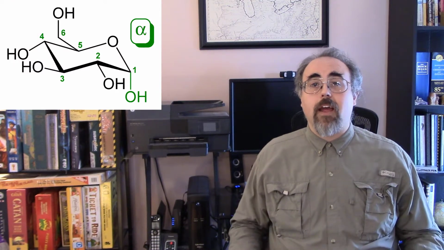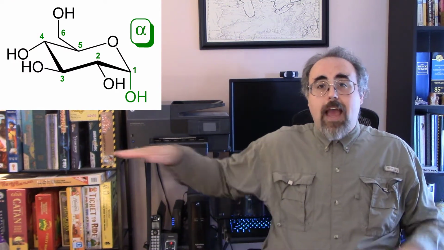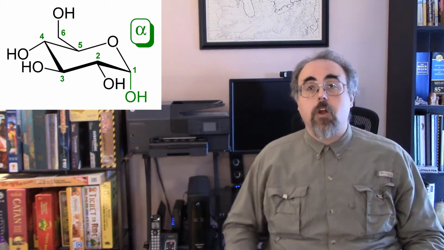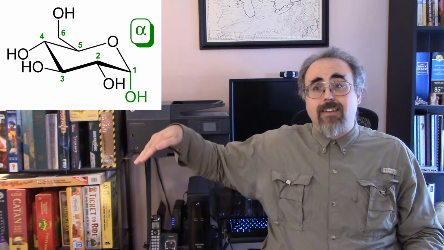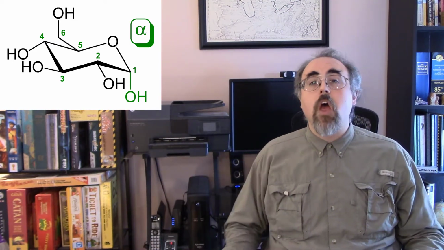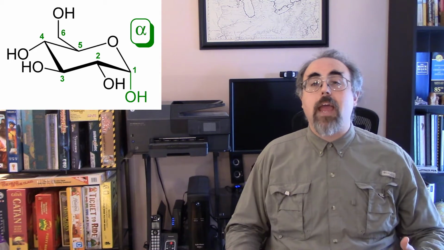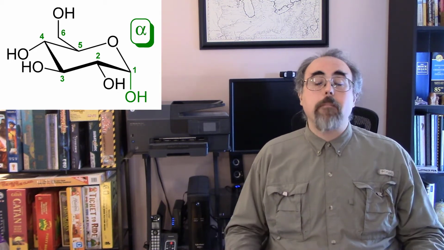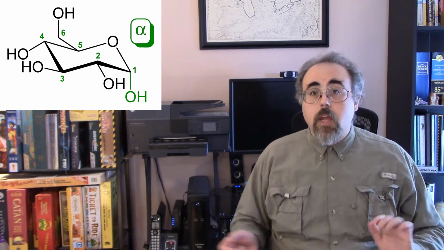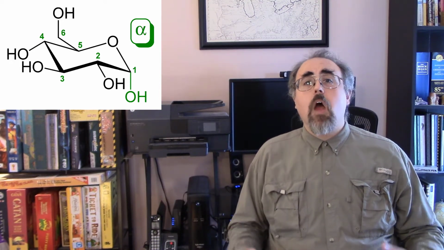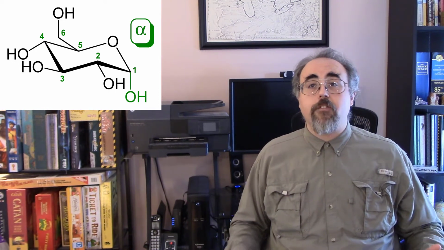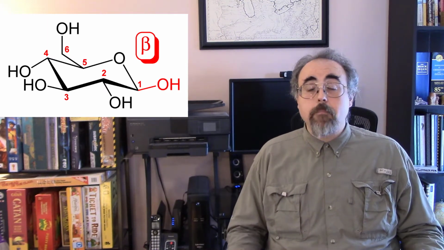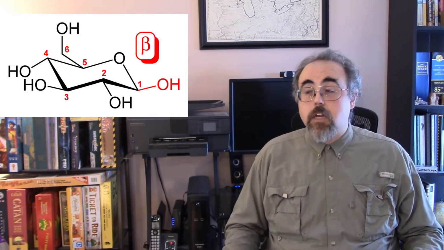Well, when you have an alpha configuration, the oxygen that's sticking off of the anomeric carbon, the one that got formed from the carbonyl carbon, is sticking off to the side, kind of downwards, so that when you form a bond, what we call a glycoside bond, it's going to cause a bit of a twist in your carbohydrate. Whereas alternatively, if you have the oxygen sticking more or less straight out, what we call a beta, in that case it's going to give a nice linear glycoside bond.